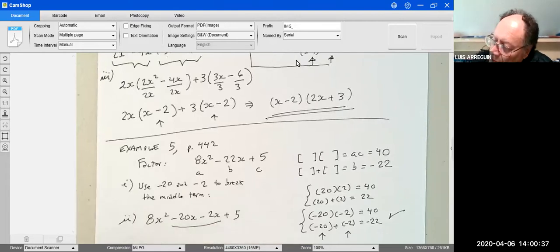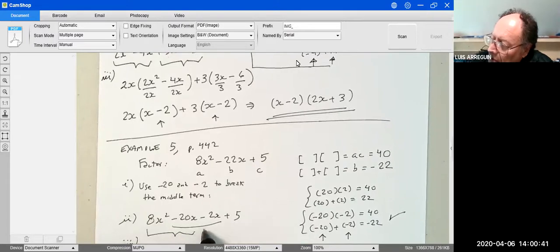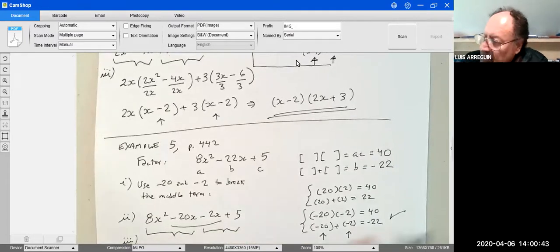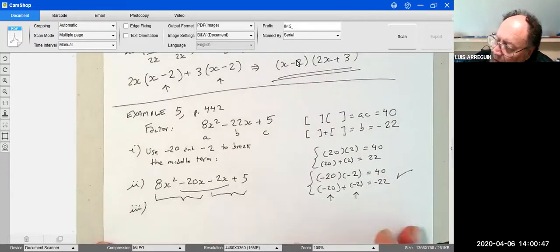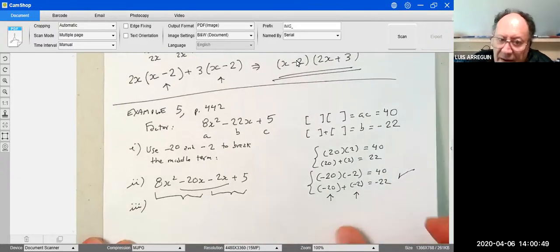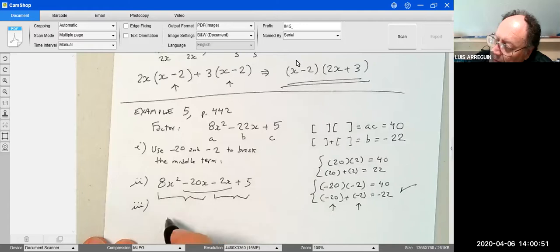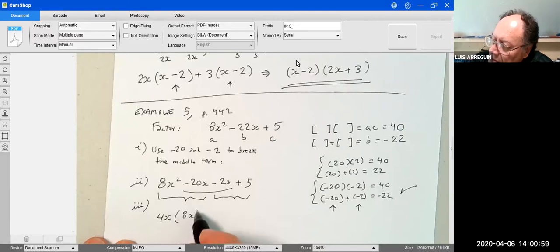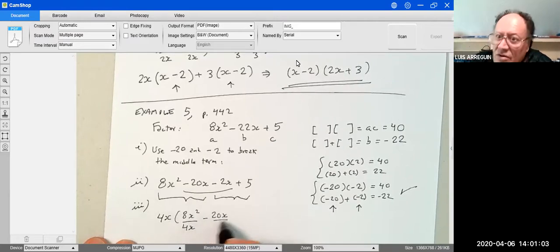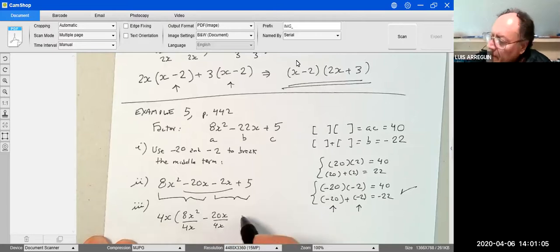So now we do factoring by grouping. So we're going to work with these two groups. So what is the greatest common factor for the first group? It's going to be 4x. 4 works for 20, 4 works for 2, 4x.